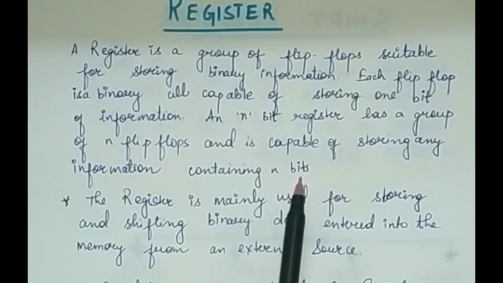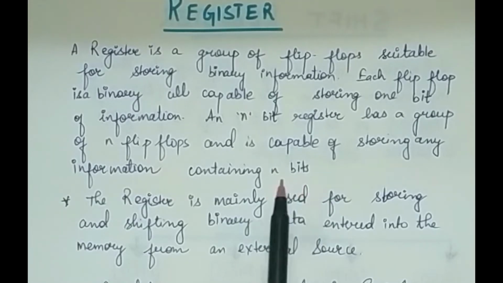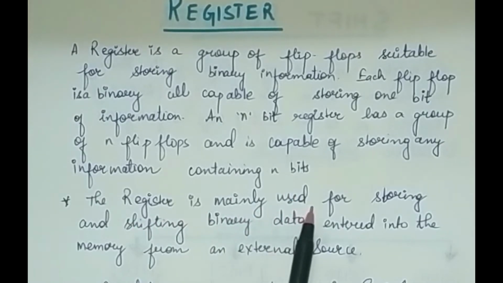It means that when you have to store n-bit data, then you require n flip-flops to store it. The register is mainly used for storing and shifting binary data entered into the memory from an external source. So you store the data as well as shift the data in the registers.